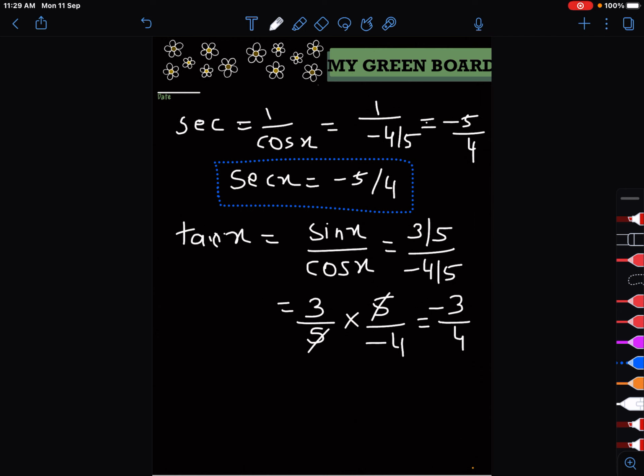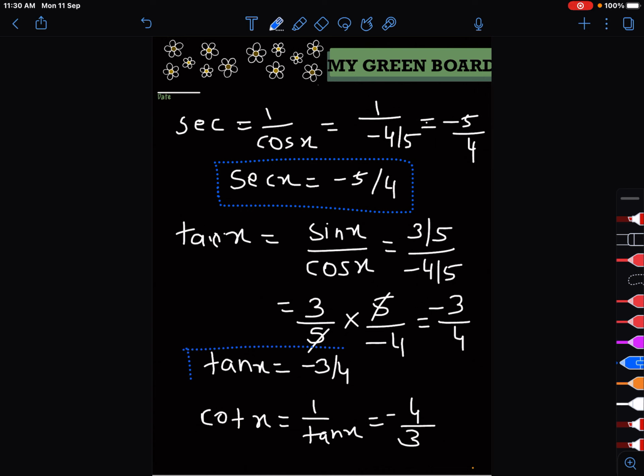Now we got the value of tan x as minus 3 by 4. And cot x would be the reciprocal of tan x, which would be minus 4 by 3. Okay, children? So these are the two values of tan and cot. Okay, we got the answer.